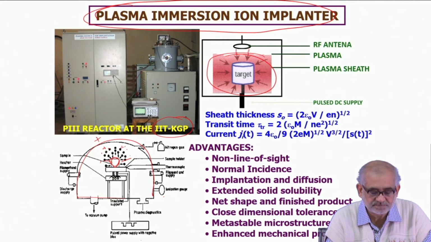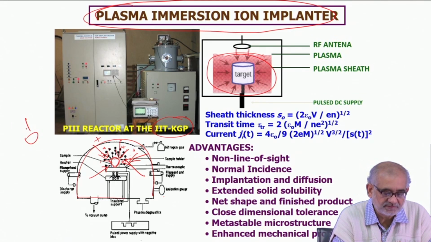So all these positive ions or cations, when you apply the negatively biased electric pulses, they all get energized and accelerated to go and implant from all sides. So if this is your specimen, it will have implantation from all sides.